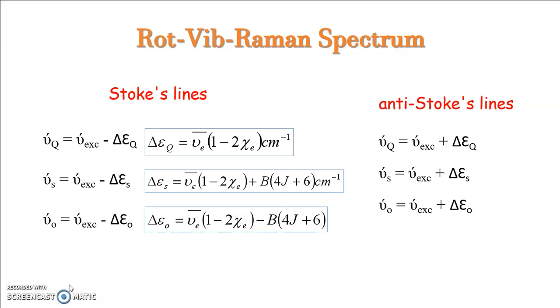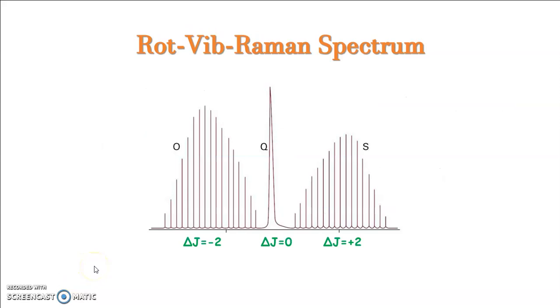So here you can see a rotational vibrational Raman spectrum. These bunches of lines will appear at either side of the exciting radiation. Here O, Q and S branches are shown.